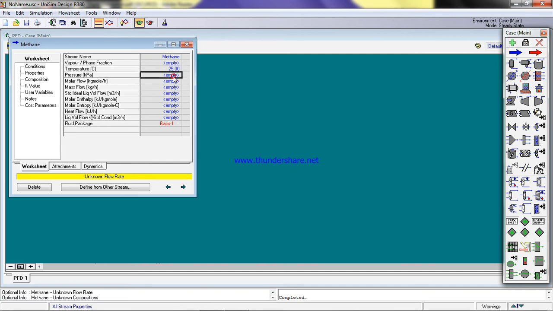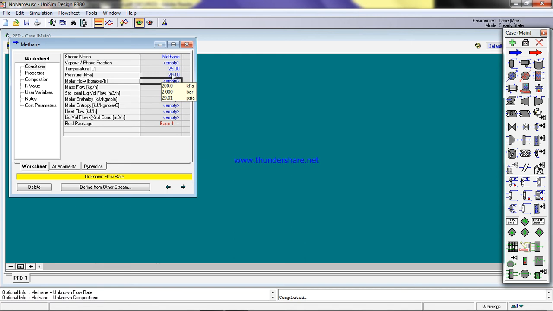Then the pressure, we take 2 bar. This is coming from the well, and the pressure is what the compressor is sending down.